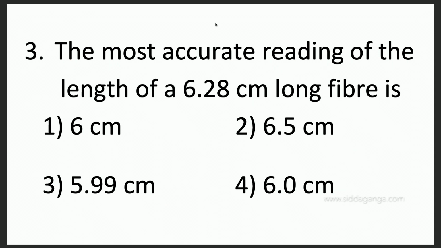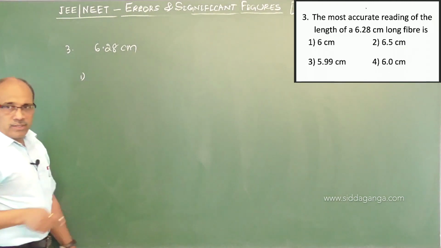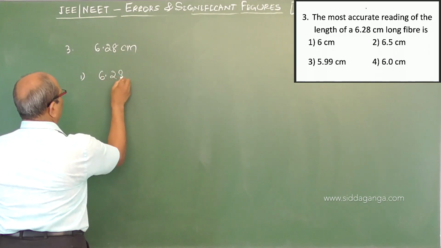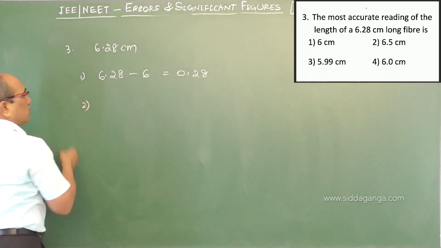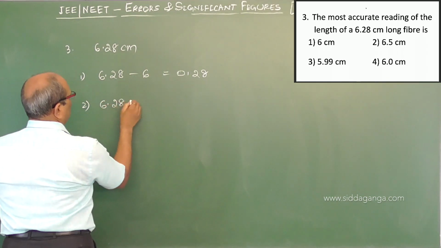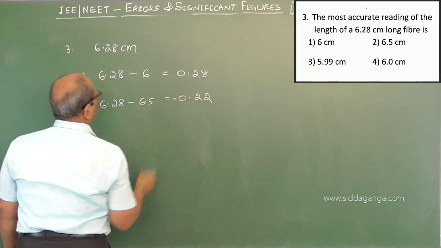The most accurate reading of the length of a 6.28 centimeter. The most accurate must be very close to 6.28 among the 4 given. Let us see one by one. First one, 6 centimeter: 6.28 minus 6 gives 0.28, the error, the difference, the deviation. Second, 6.5: 6.28 minus 6.5, may be negative.